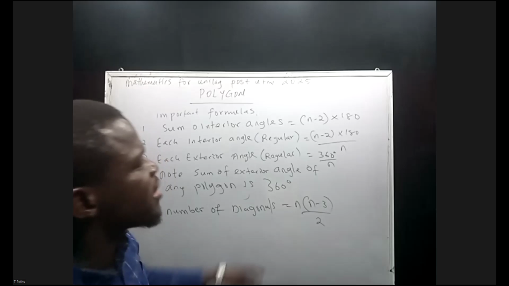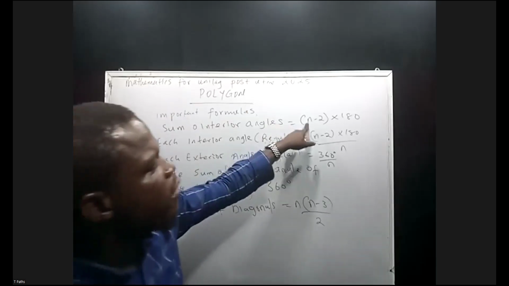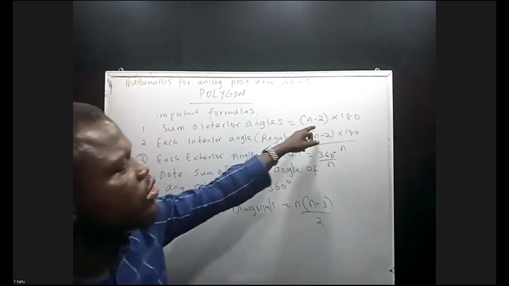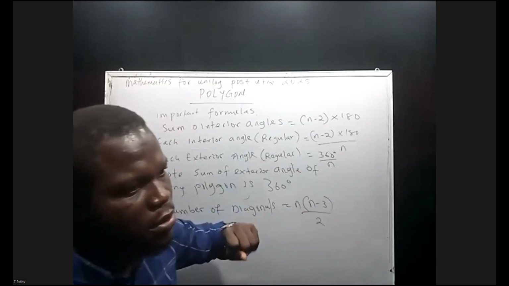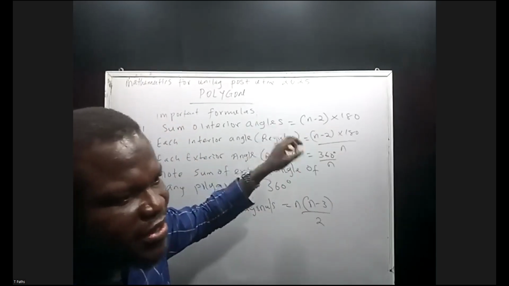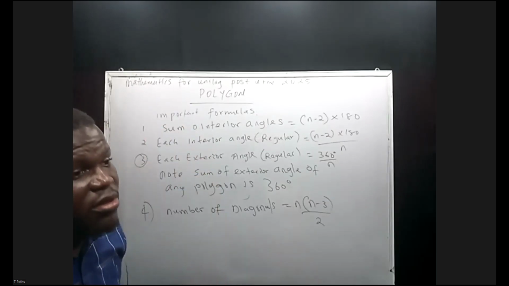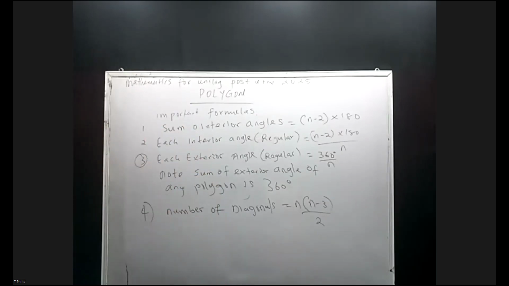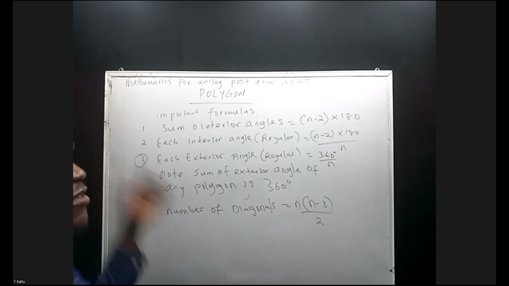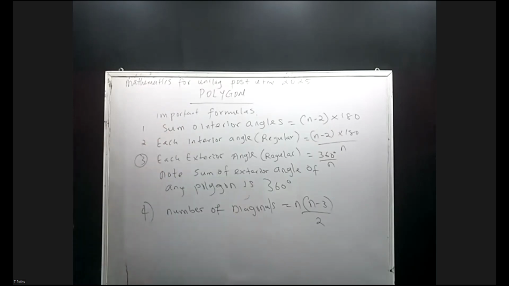Now, a rectangle has 4 sides. 4 minus 2 is 2, 2 times 180 is 360. The sum of interior angles of any 4-sided shape is 360. Now a 5-sided shape, any shape that has 5 sides.